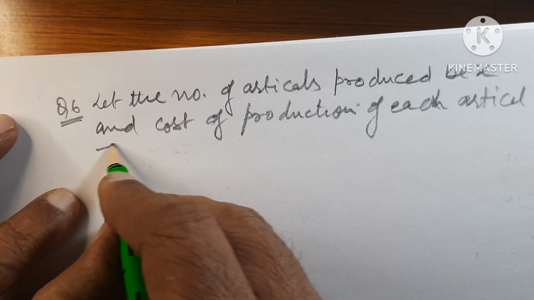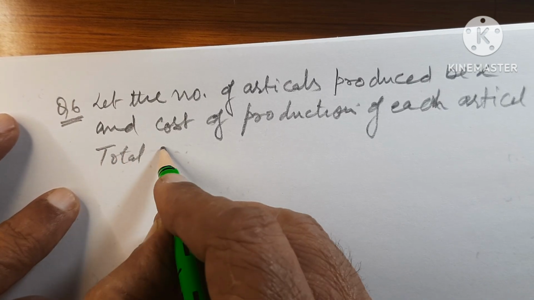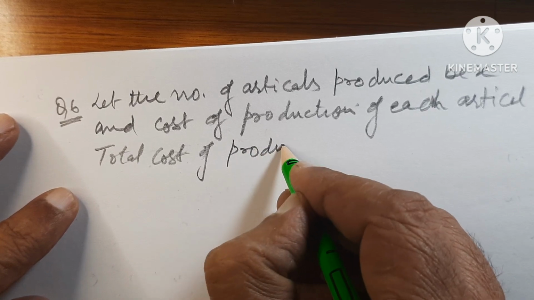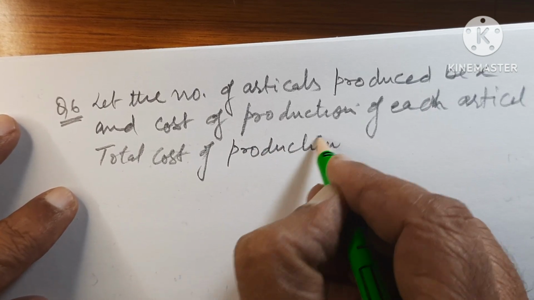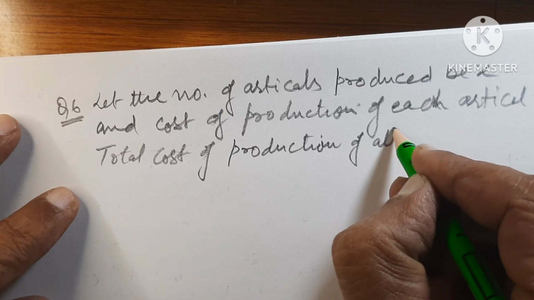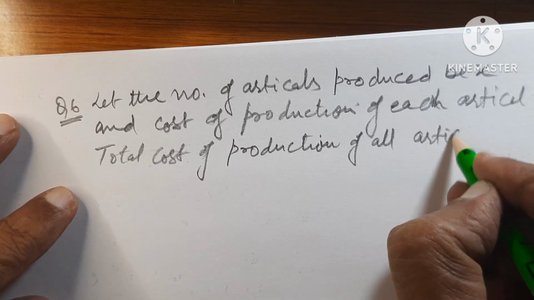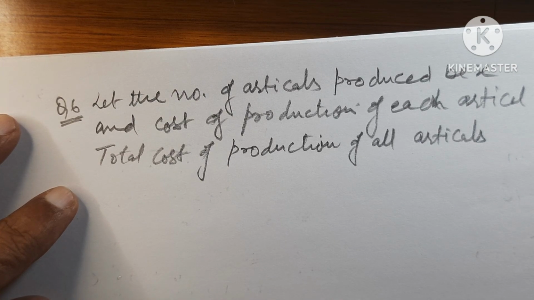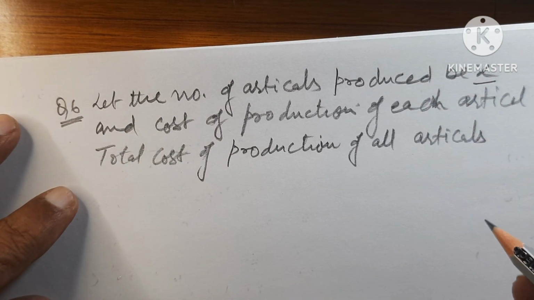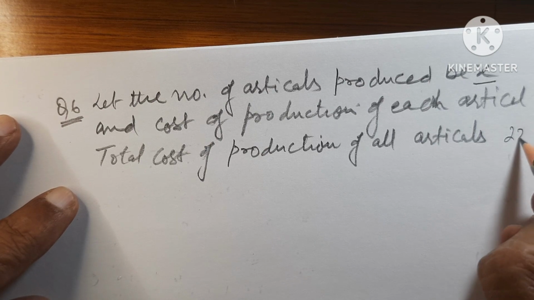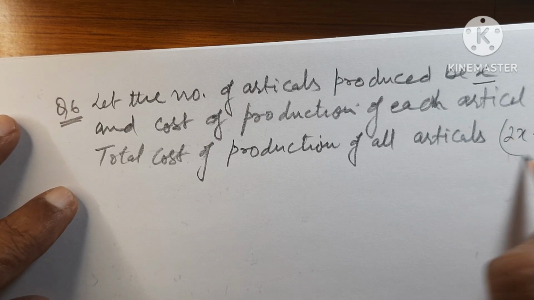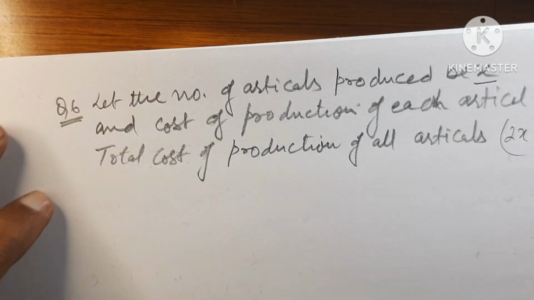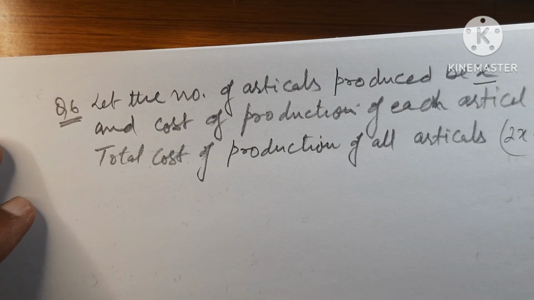Total cost of production of all the articles will be, this is the per article cost, this is the number of articles, so we'll multiply (2x plus 3) into x, and it is given equal to rupees 90.